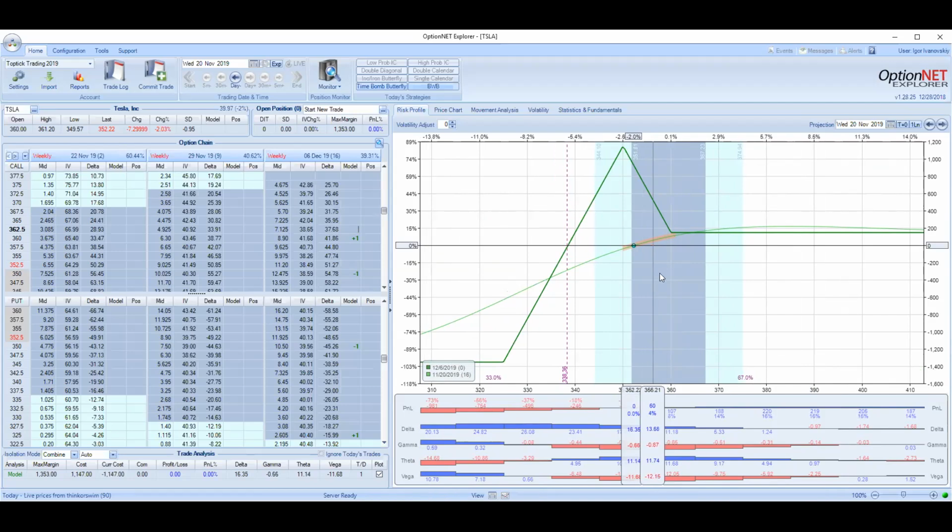But this credit doesn't really mean that this is a better trade than if I was to enter an out of the money call butterfly paying a debit, because this credit here doesn't just remove my upside risk. It just shifts my upside risk to the downside.